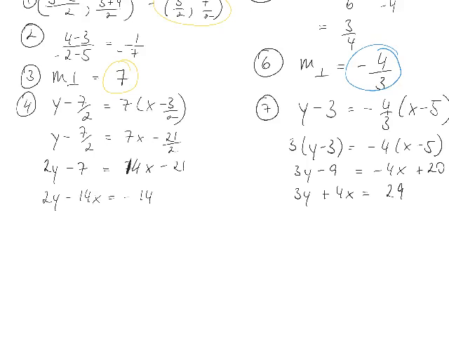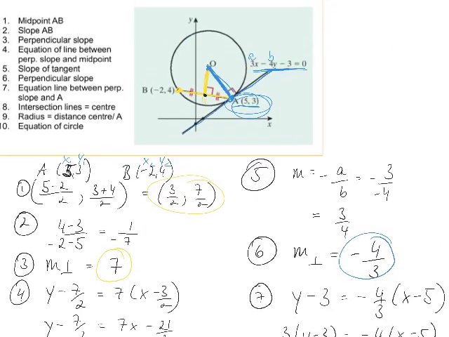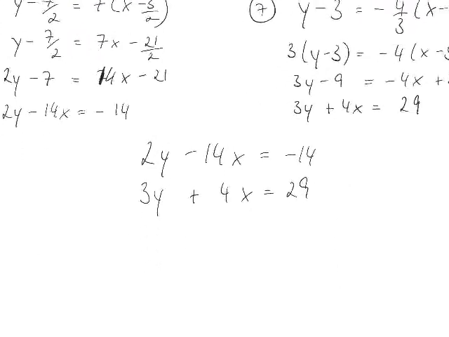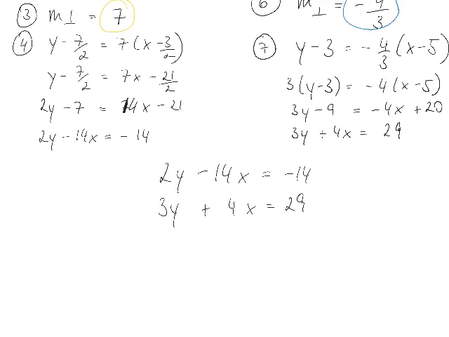So let me write them on top of each other. So 2y minus 14x is minus 14. And then I have 3y plus 4x equals 29. So those are the equations of the yellow and the blue line. And I'll find out now where they intersect.